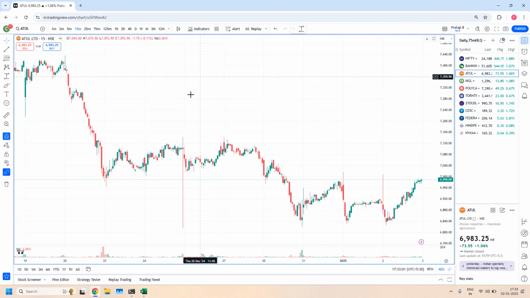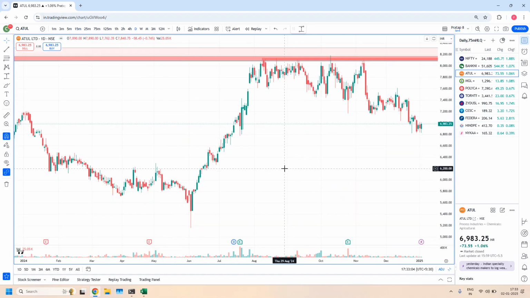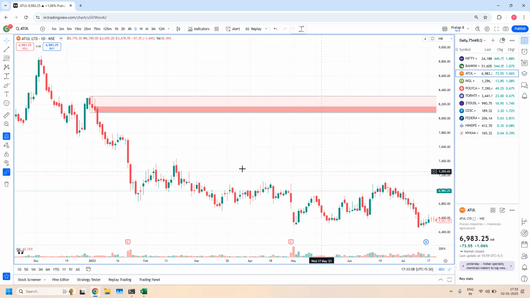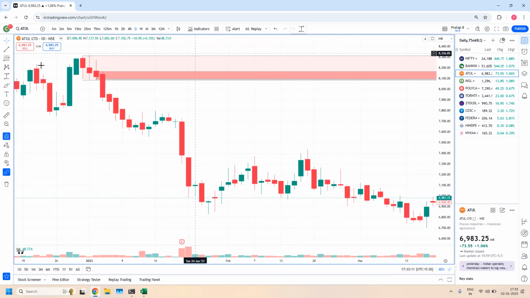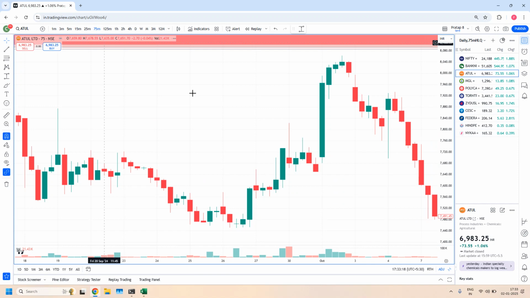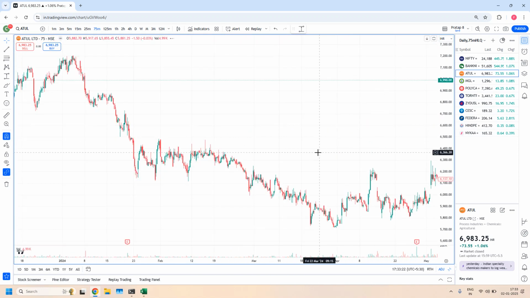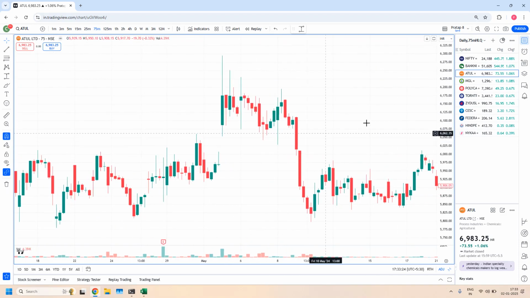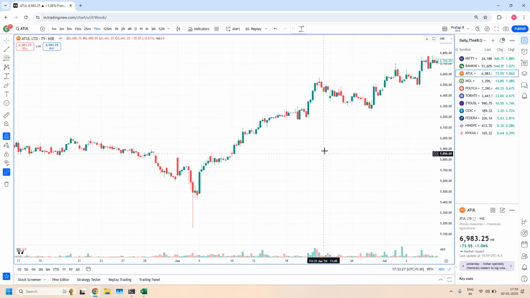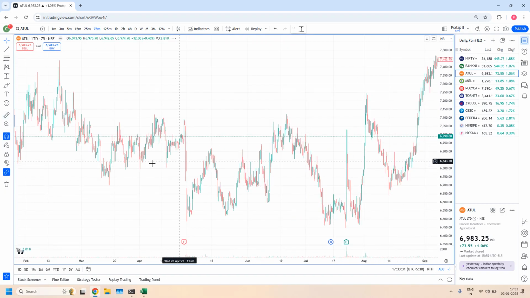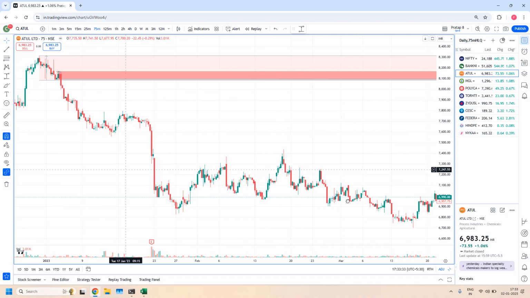If you look into them, Atul is a daily high liquidity zone. This one is fine tuned. This daily zone is fine tuned with the 75 minutes time frame. Okay.